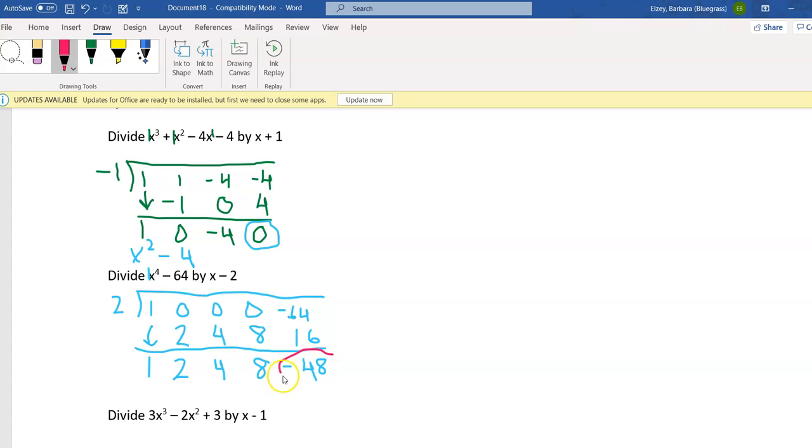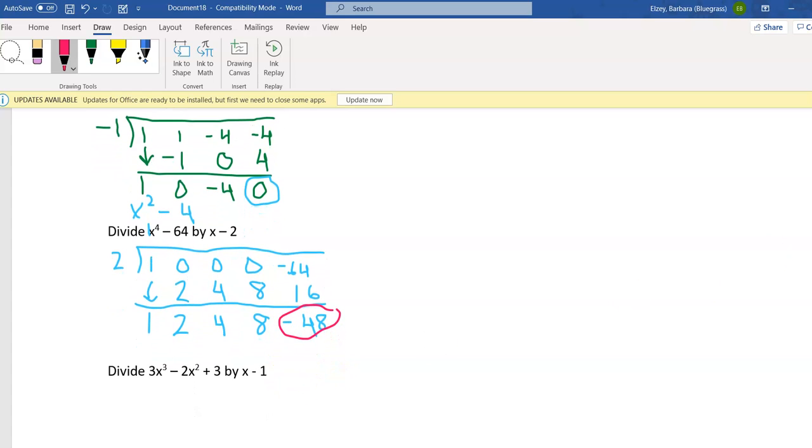Notice this time we have a remainder. So we're still going to write our answer, but this time it's going to have a remainder. We started with division into x to the fourth, so this will start with an x to the third. That's 1x to the third. This is x squared, so it'll be 2x squared.